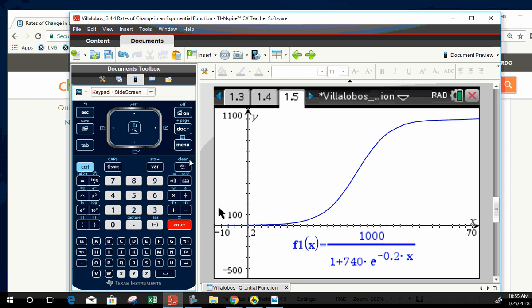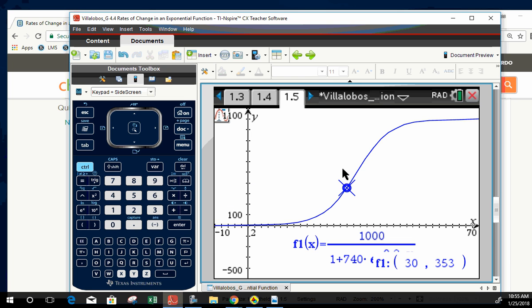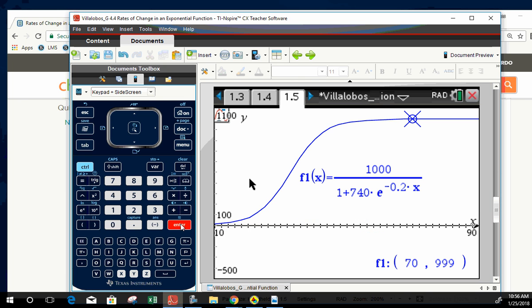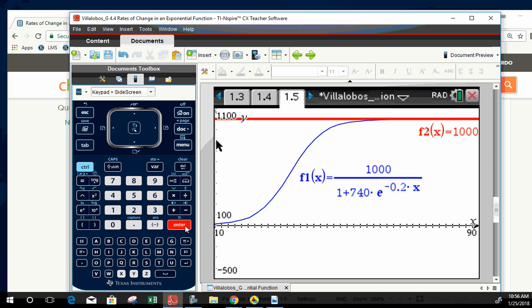And now I do menu, and I can trace, and I can ask, in 70 years, how much area is there? Well, 999 kilometers squared, because it levels off. And tab, and you can put another, whenever you're going to reach 1,000, my limit. Oh, there it is. So this is S until it'll never get there, because in order to get to 1,000, this would have to get to 1.